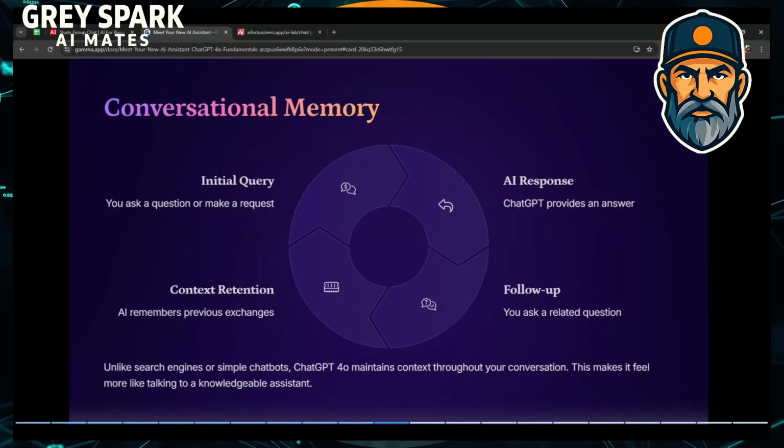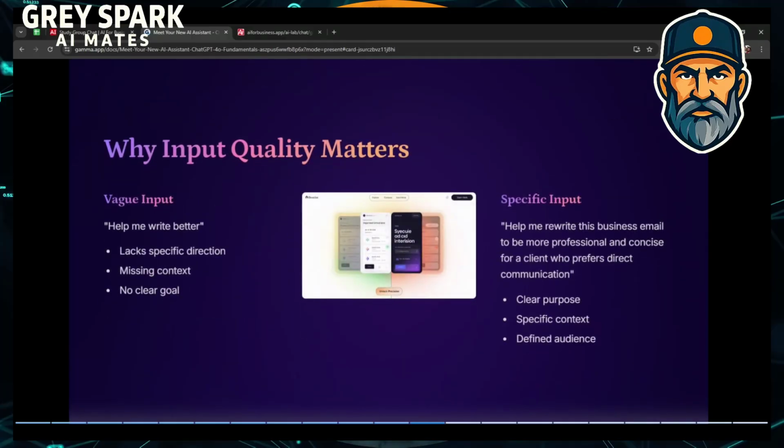Because ChatGPT works through pattern recognition, the quality and specificity of your input directly affects the quality of the output. Clear, specific requests with appropriate context will consistently yield better results than vague, overly broad queries.